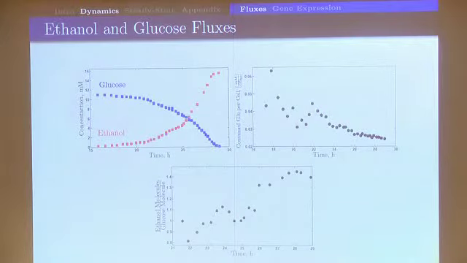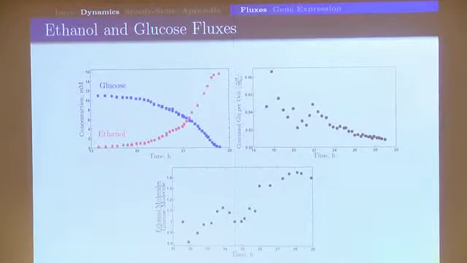I can just measure glucose and ethanol, and then if I do those very simple mass balance calculations, I can again see, are those fluxes changing? And here I'm showing you the data just from the first phase, the aerobic glycolysis. When the music is loud, the cells are partying, growing as fast as they can. And you can see that the glucose consumed per cell actually goes down steadily.